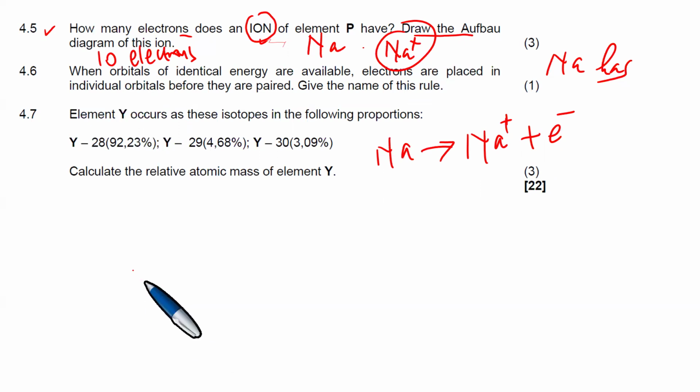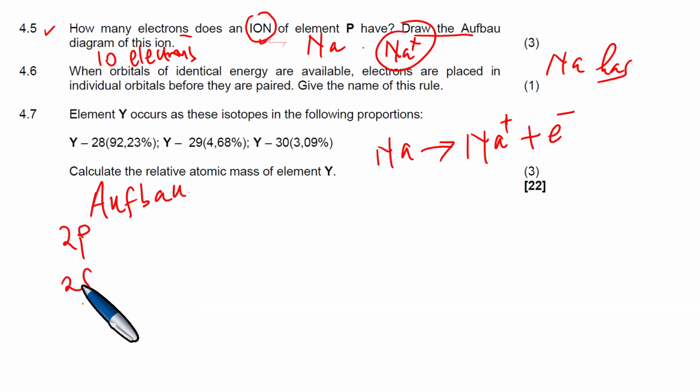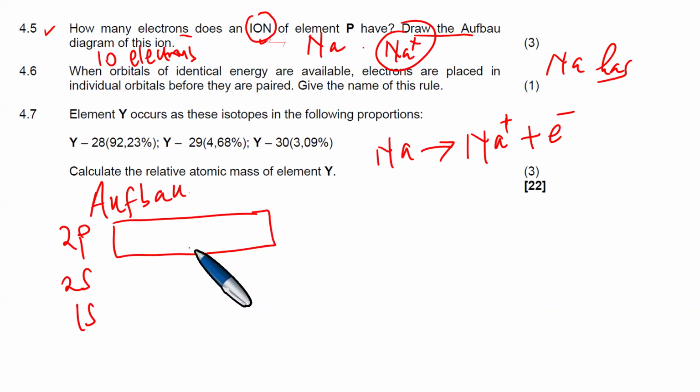Let us discuss the Aufbau diagram. We're going to have 2p, 2s, and 1s. The 2p has 3 cells like that, and this one is a single block, or a single cell.